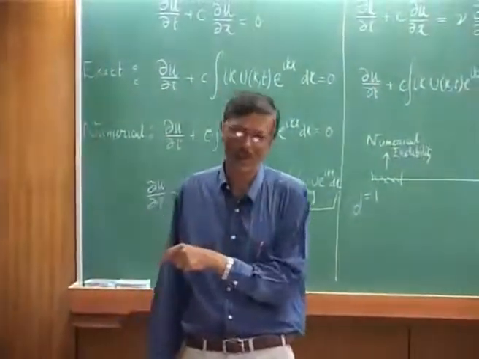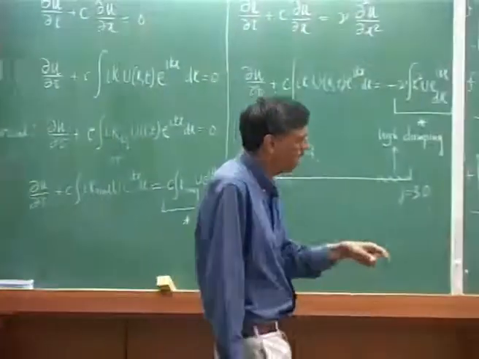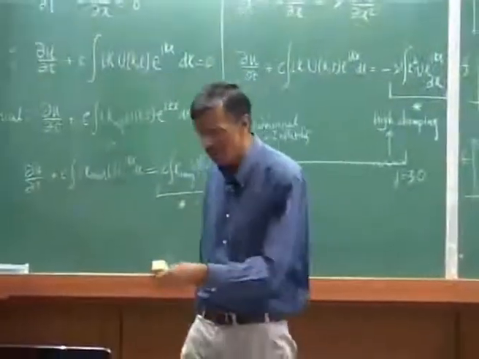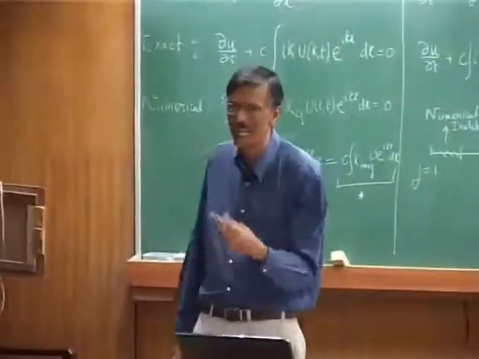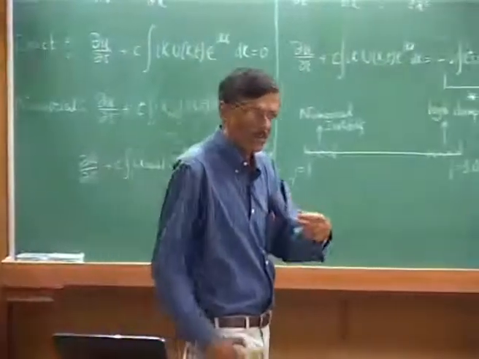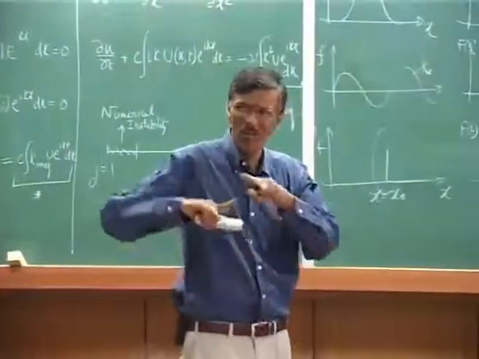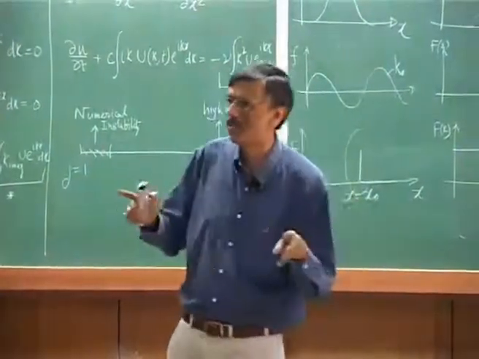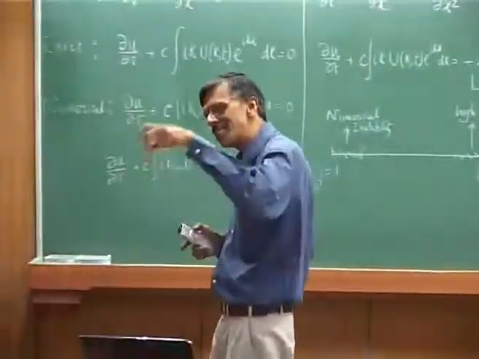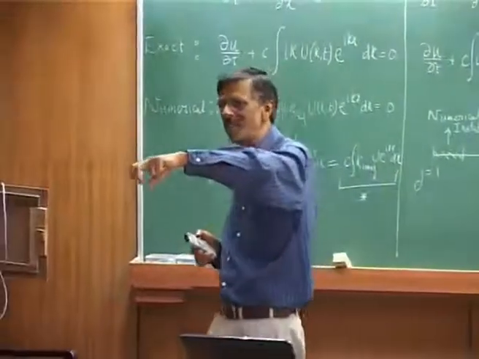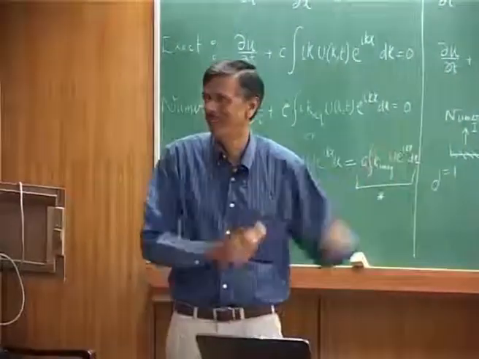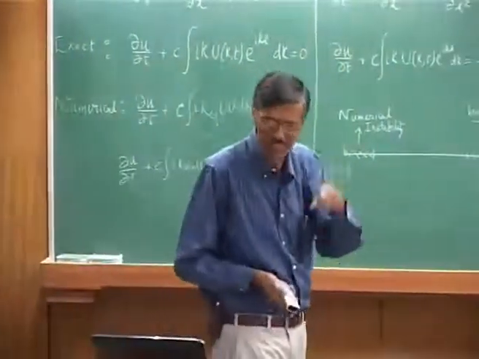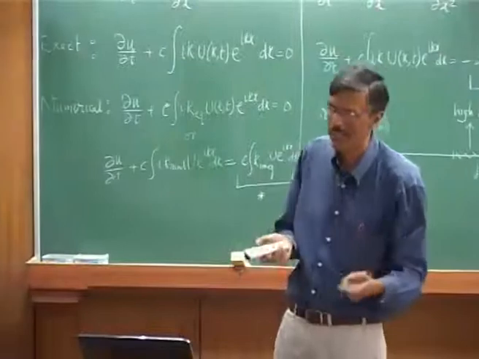The moment you impart an impulse, it excites all the wave numbers and frequencies in the system, so that you are not doing any discrimination. Your input to the system is equally spread over all wave numbers and frequencies, and then the system picks up the natural frequency and displays it. That is what you see, the pendulum eventually settles down to its natural frequency. So, you have already done it.